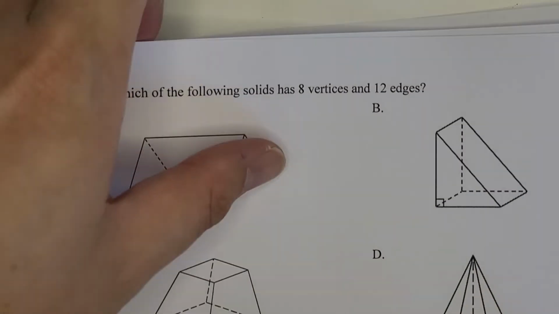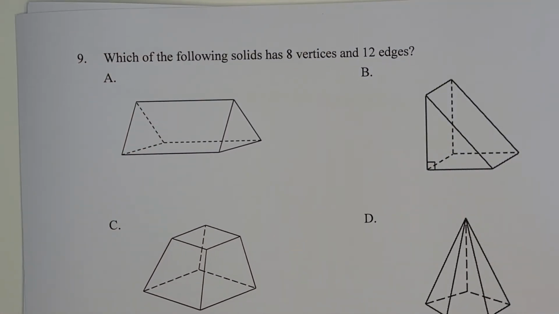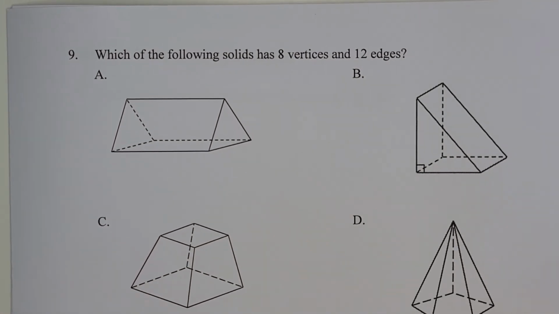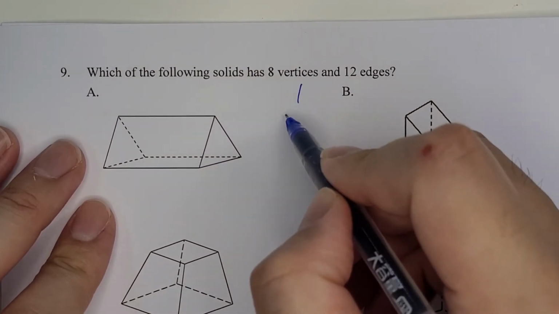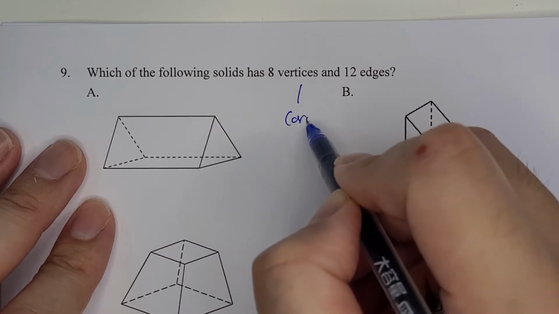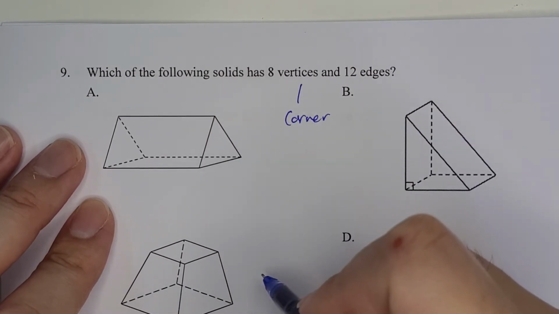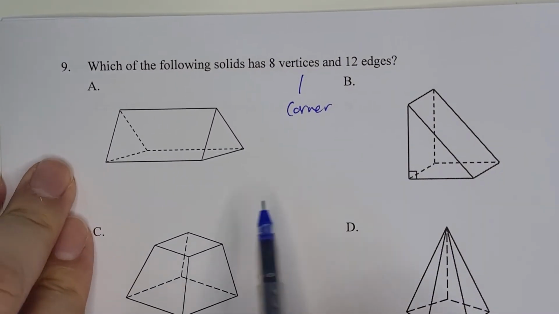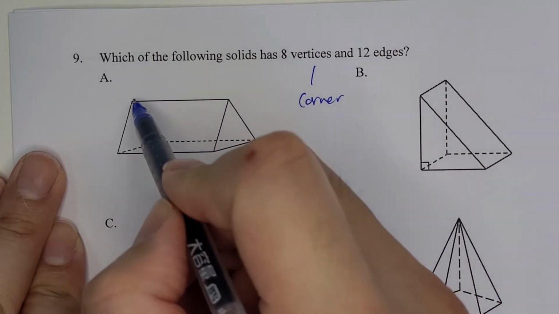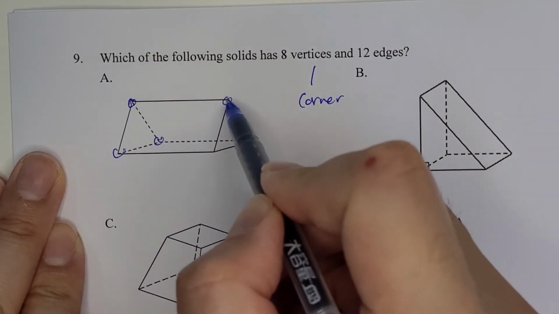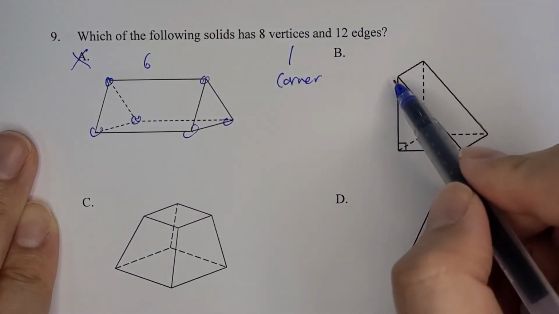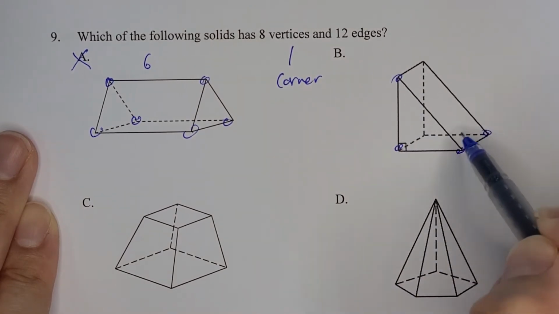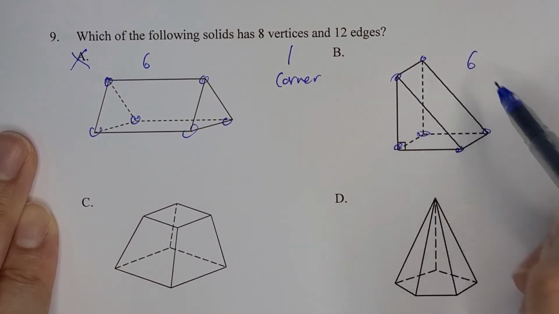So go to question number 9. Which of the following solids has 8 vertices and 12 edges? Vertices, that means, okay, the corner, you may regard as corner. So you just count the number of corners here. Part A, 1, 2, 3, 4, 5, 6, 6 corners. So A is not the answer. B, 1, 2, 3, 4, 5, 6, 6 corners.